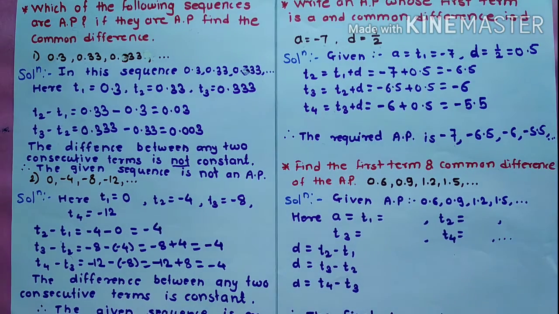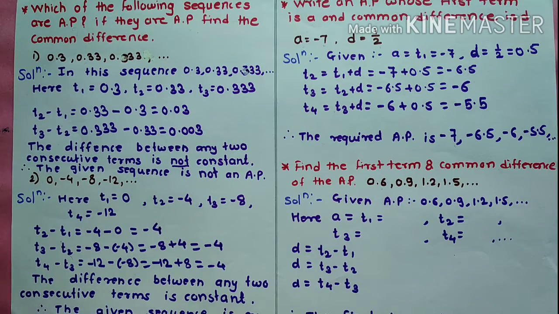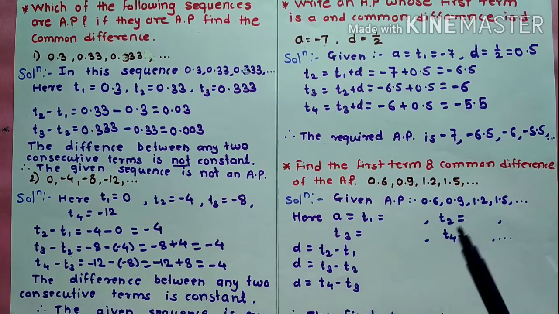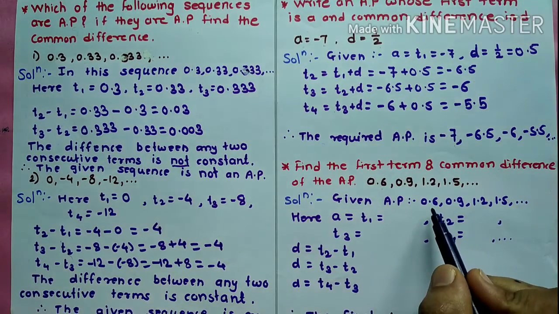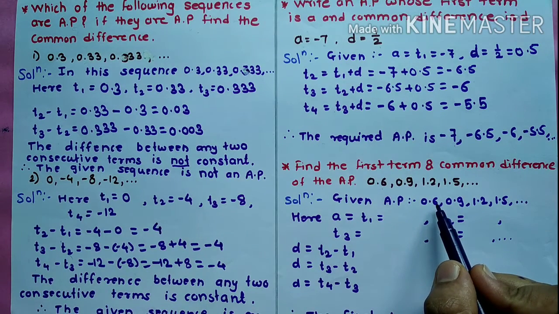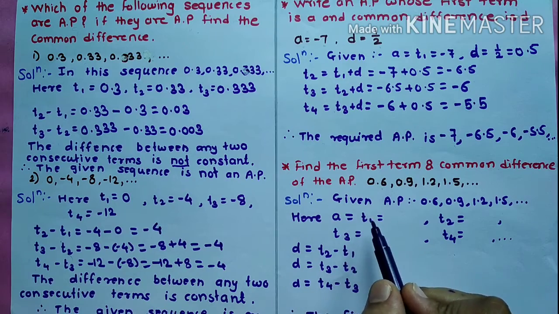Okay. Now the next example is to find the first term and common difference of the AP 0.6, 0.9, 1.2, 1.5 and so on. Here the AP is given and we have to find the first term and common difference. In an AP the first term is 0.6, and the first term is denoted by the letter A and T1.